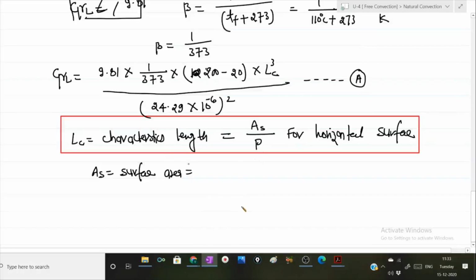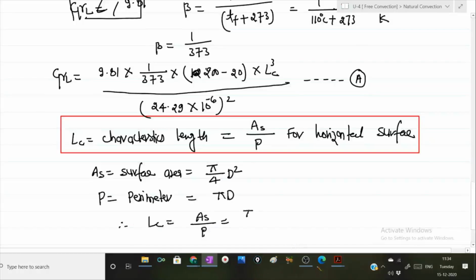How to calculate surface area? Pi by 4 d square, because surface area is a circular cross section, and P is perimeter, pi d. So Lc will be As by P for horizontal surface as pi by 4 d square divided by pi d.